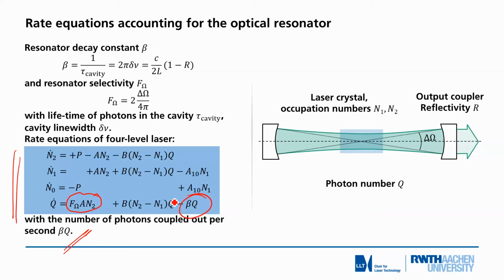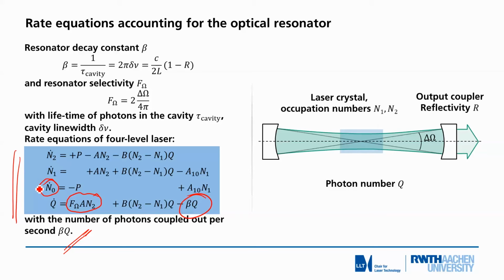One more thing, in the 4-level system we have to take care about the depopulation of the lowest energy level N0, and this of course is the inverse of the pump rate.